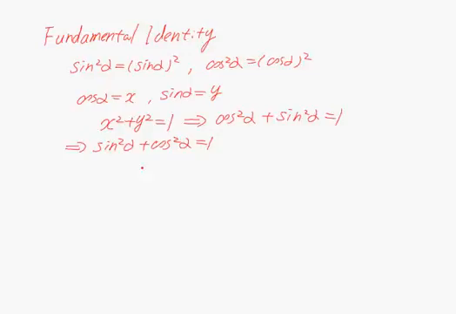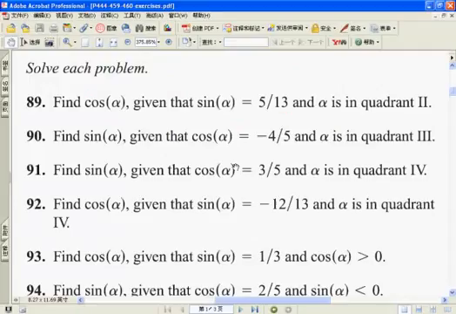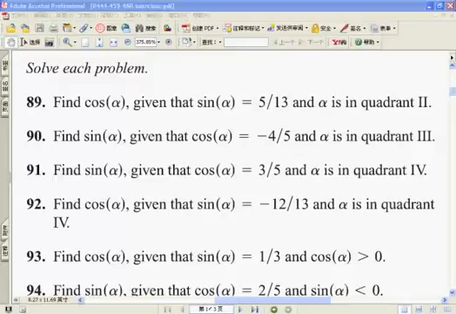Okay? Now let me show you one example. Let's look at problem 90. Find sine of alpha, given that cosine of alpha equals negative 4 over 5 and alpha is in quadrant 3. It's on page 444.